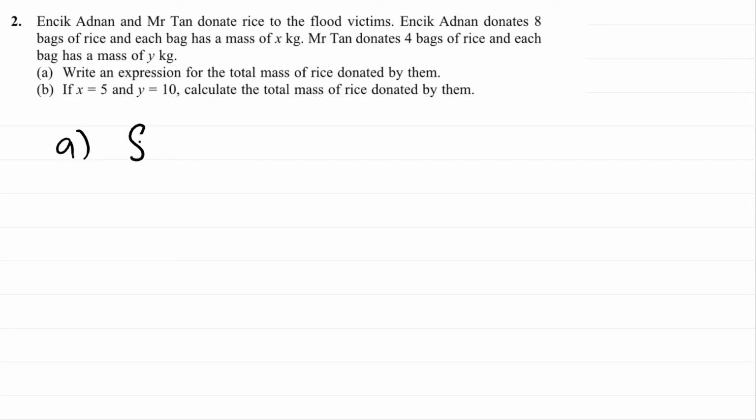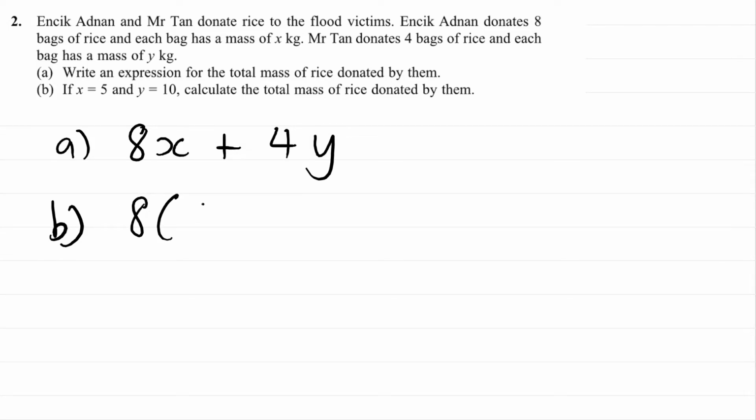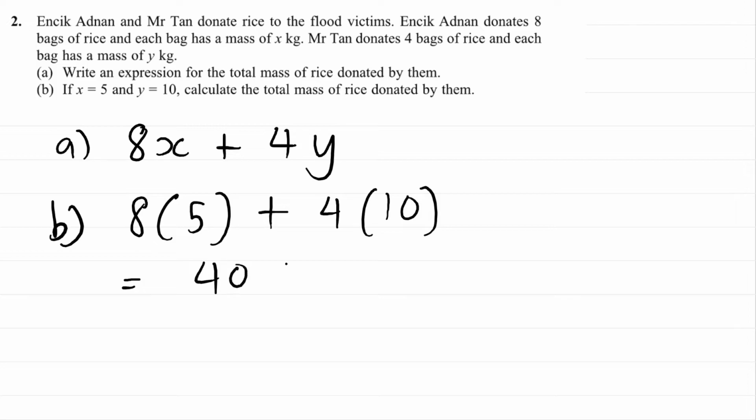So, maknanya 8X tambah 4Y. Dah siap. So, kalau dia kata tu, if X is 5 and Y is 10, calculate the total mass. So, masukkan je lah. 8, 5 tambah 4, 10. So, dapat jawapan 40 tambah 40. So, 80 kilo.